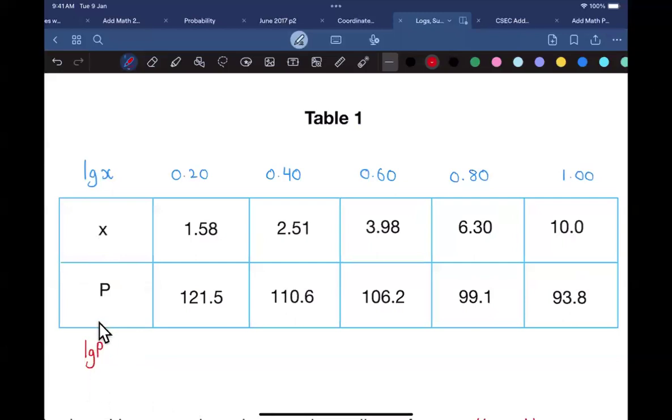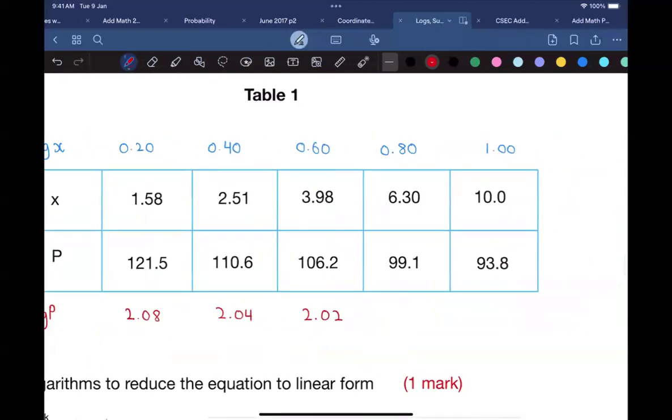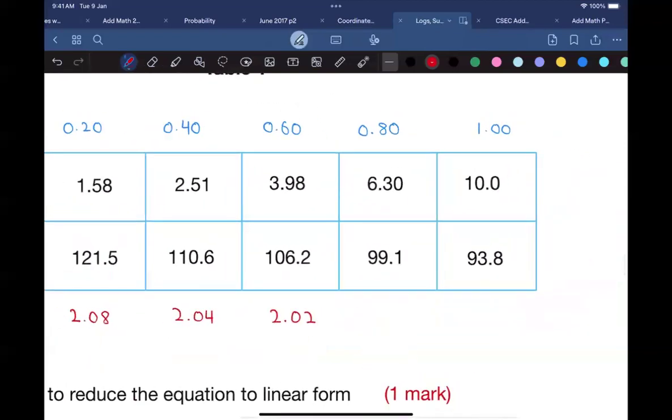Say that again? 2.08. What's the next one? 2.04. 2.02. 1.99.